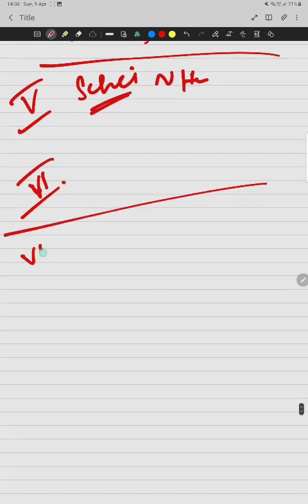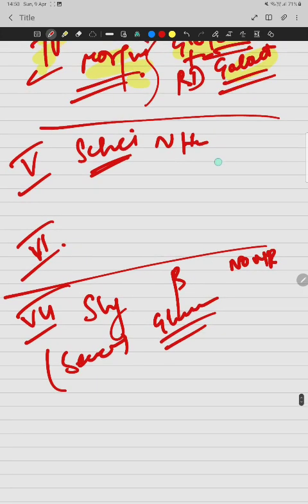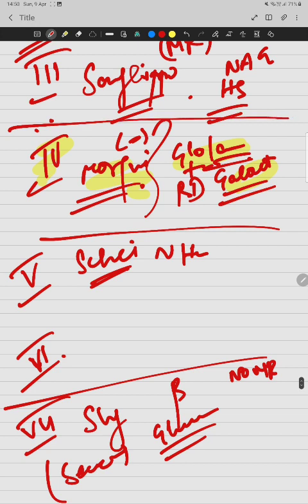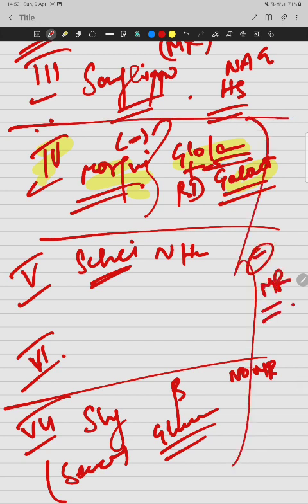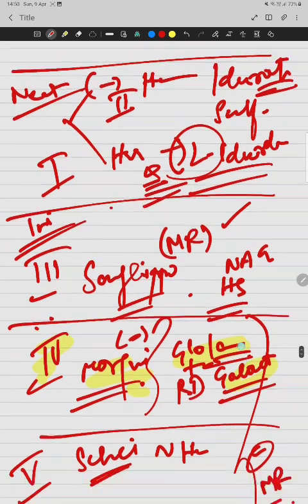Last, this is something recent, so they can ask this, that is Sly, the 7th type, that is beta glucuronidase. There is no mental retardation. So why this? Your top 3 will be having MR, your below 4 will not be having MR. So with this also you can easily guess here. With MR means only 3 possibilities you can diagnose.